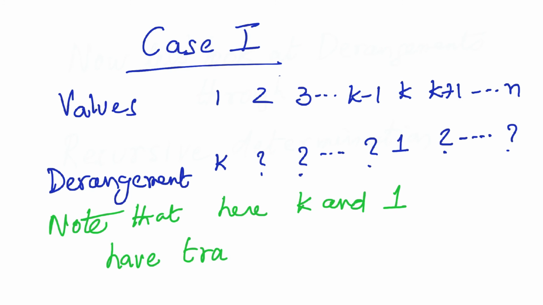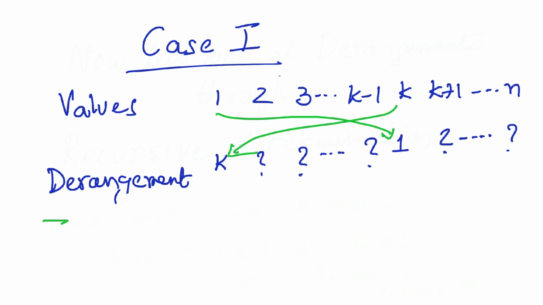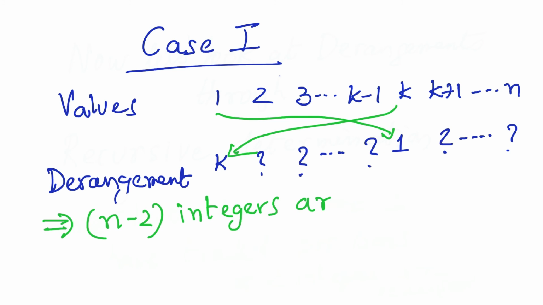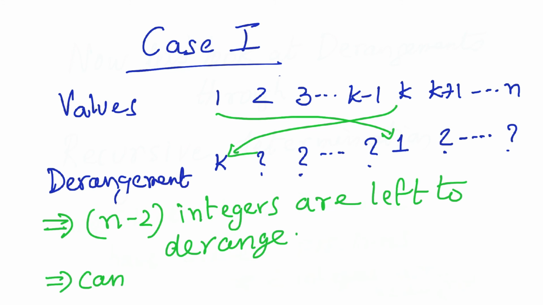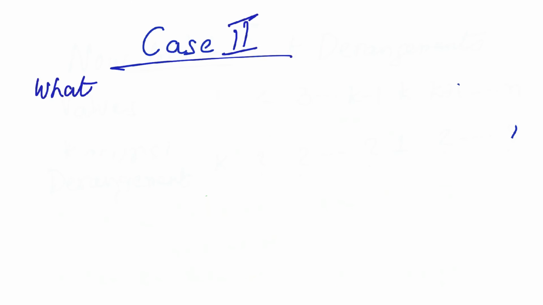I mean, 1 has gone to k and k has gone to 1, which means that k and 1 have traded position. So 2 integers are deranged. For all other integers we don't know the derangement, which means that n minus 2 integers are left to be further deranged, and those derangements can of course be done in D(n minus 2) ways.